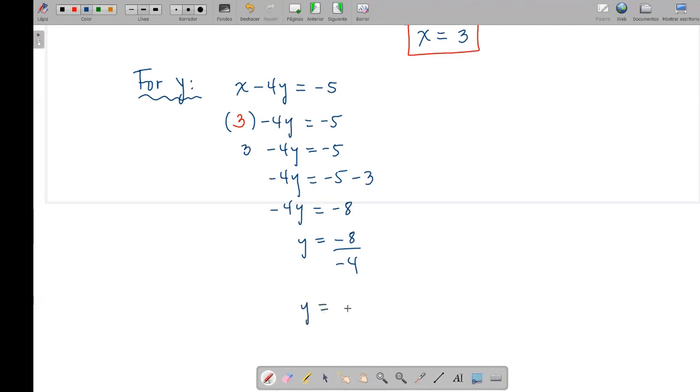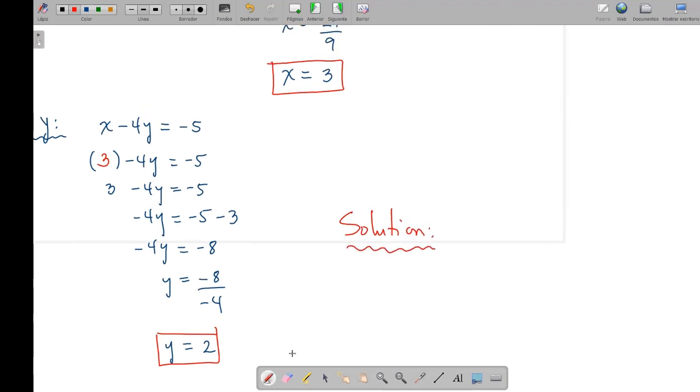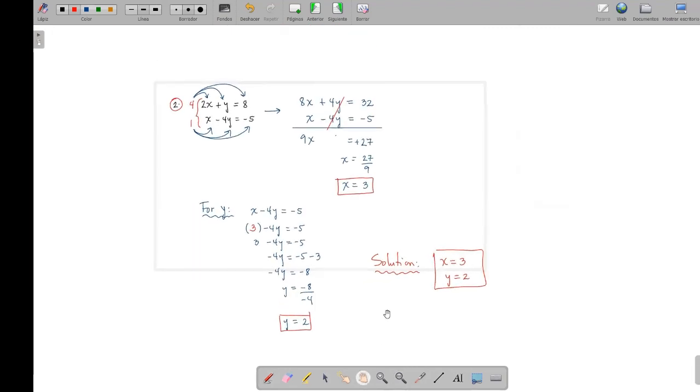So the y value is positive 2. So what's the solution? The solution is x equals 3 and y equals 2. That's all. This is example number 2.